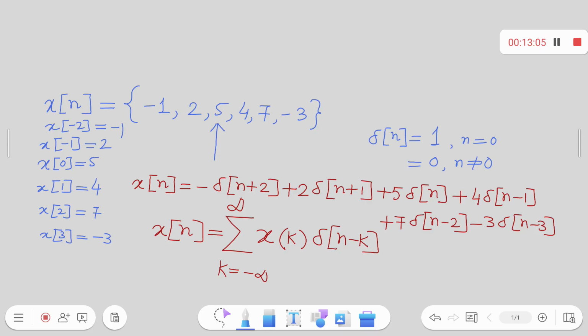Okay, fine. So this is the signal we are dealing with, x of n represented by the summation over k from minus to plus infinity of x of k delta n minus k. Now with this understanding, let's move on.